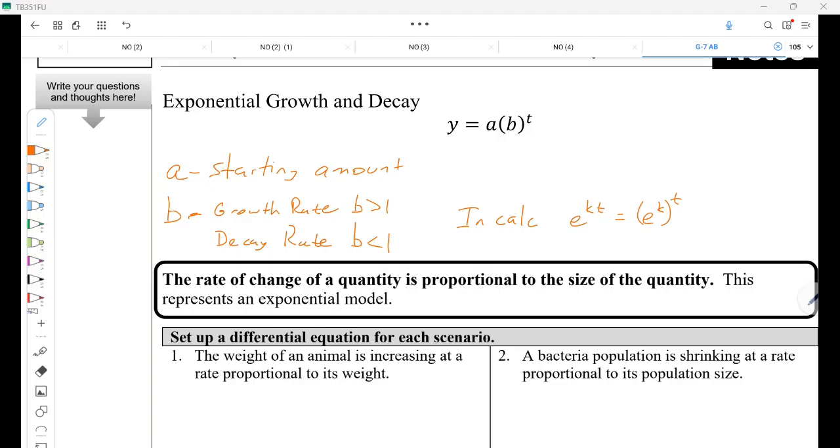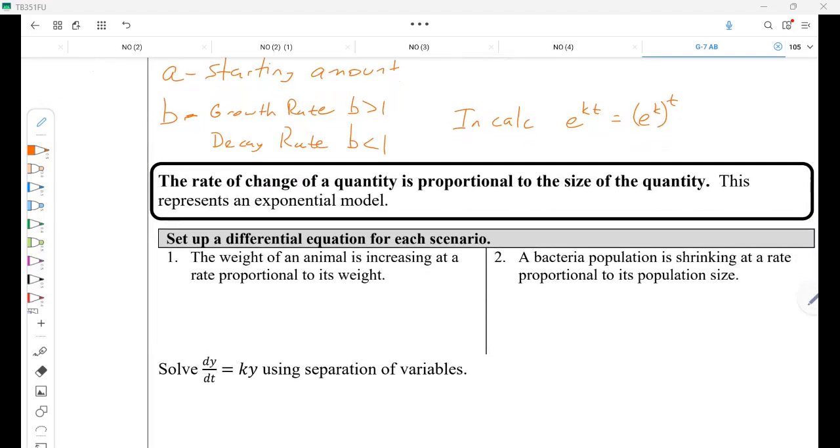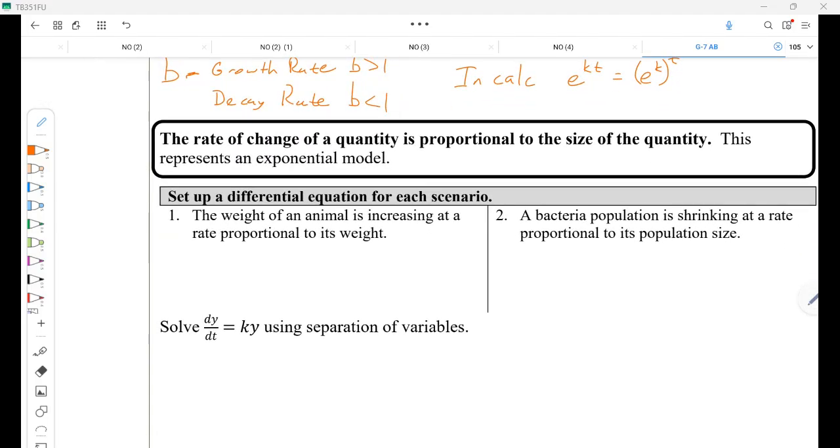Whenever you have an exponential model, you have this situation, which is in this box. I don't think this is a very user-friendly sentence, but it does explain the situation. Whenever you see a problem where you're told that the rate of change of something is proportional to that exact same thing, you have exponential growth. That's really the key.